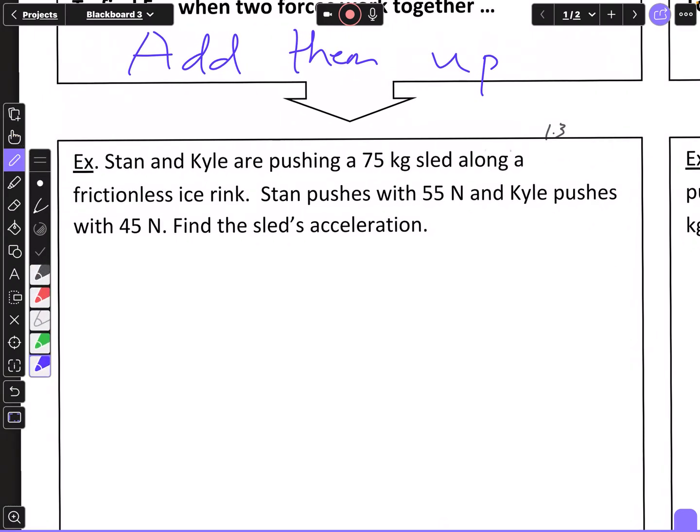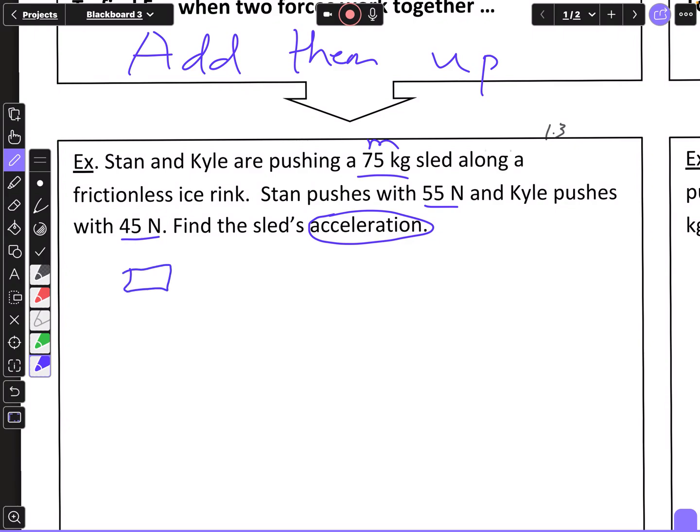Stan and Kyle are pushing a 75 kilogram sled. What's that telling me? It's telling me my mass. Along a frictionless ice rink. Stan pushes with 55 newtons and Kyle pushes with 45 newtons. Find the sled's acceleration.